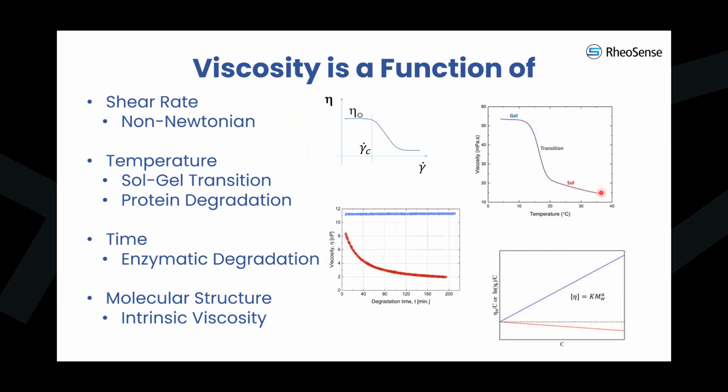The third factor is time. Some materials exhibit time-dependent viscosity changes even at constant shear and temperature. This could be due to thixotropy, structural reorganization, or enzymatic degradation, all of which may cause viscosity to decrease or increase gradually over time.